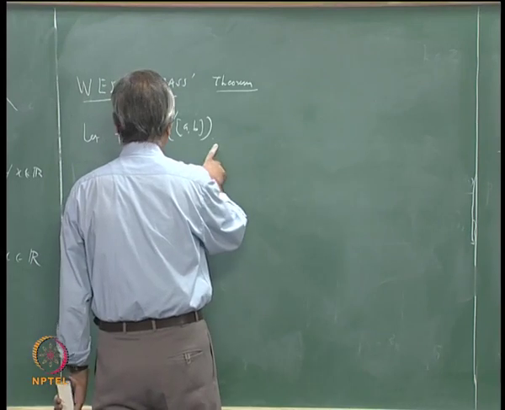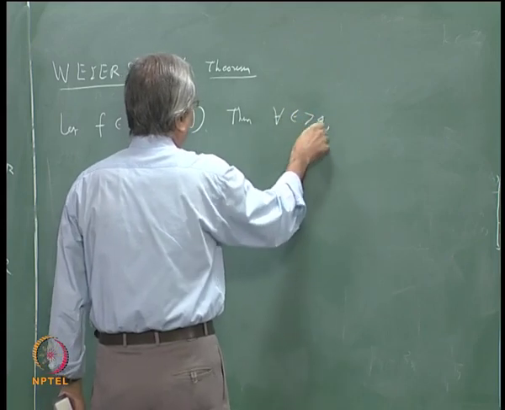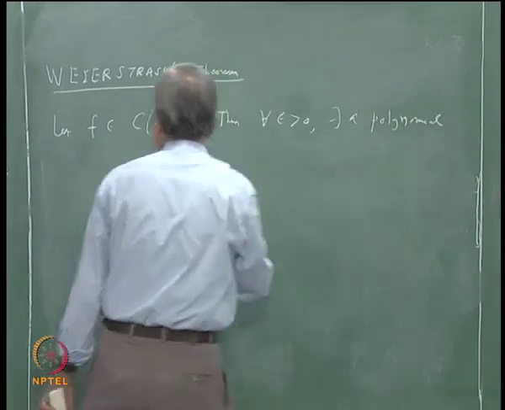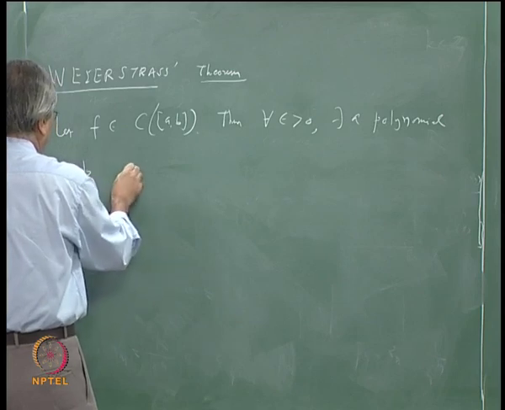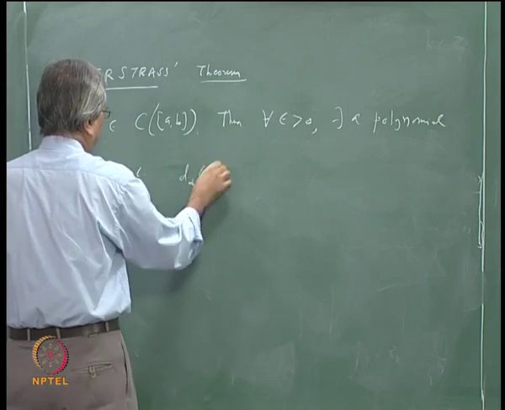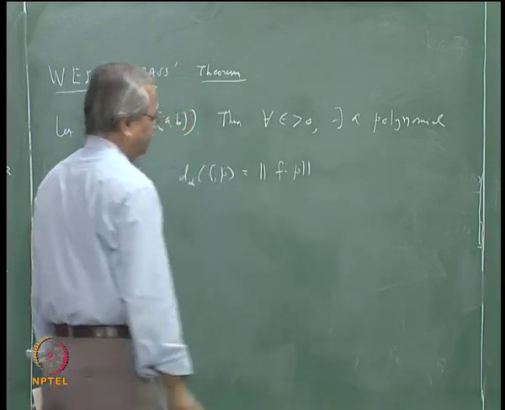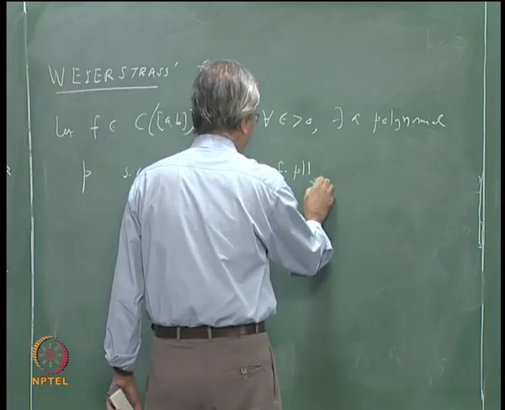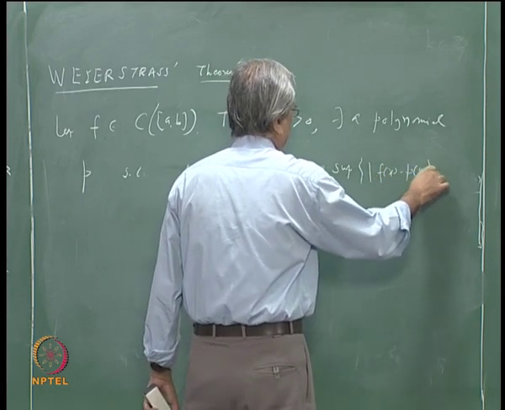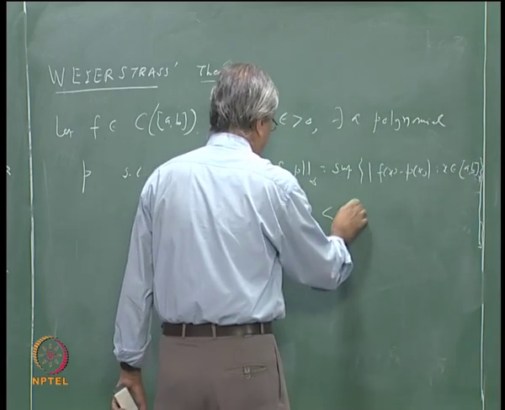We can write the same thing in other words. Then for every epsilon bigger than 0 there exists a polynomial P such that the distance between f and p, that is d infinity (f, p), which we also write as the norm of f minus p with suffix infinity, or to be even more precise, the supremum of |f(x) - p(x)| for x in [a,b], is less than epsilon.